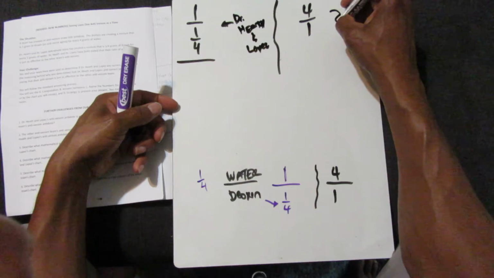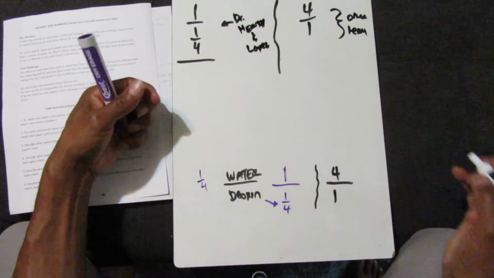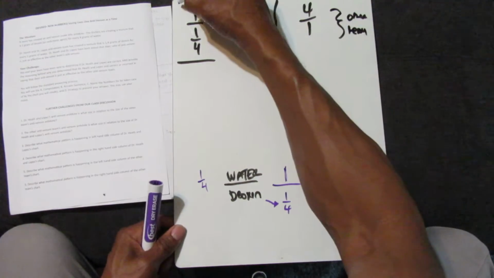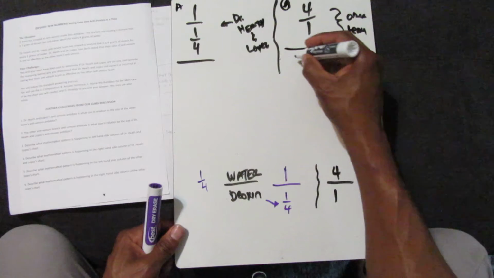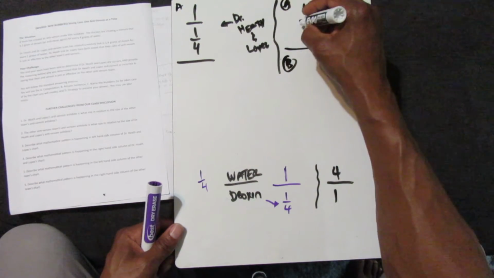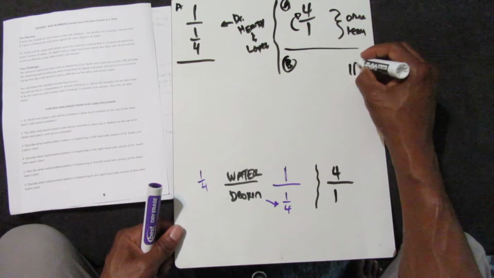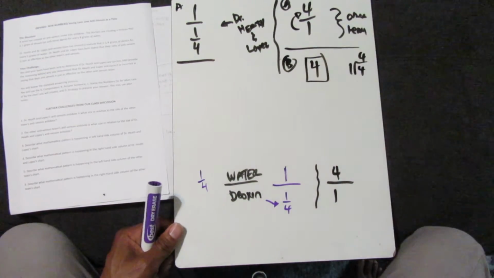And then over here, other team. So let's go ahead and find the quotient. Let's do 4 divided by 1 first. You don't really need to do that, but I'm just going to do a wind up. If you want to go old school, 4, and we have 4 as our box answer.